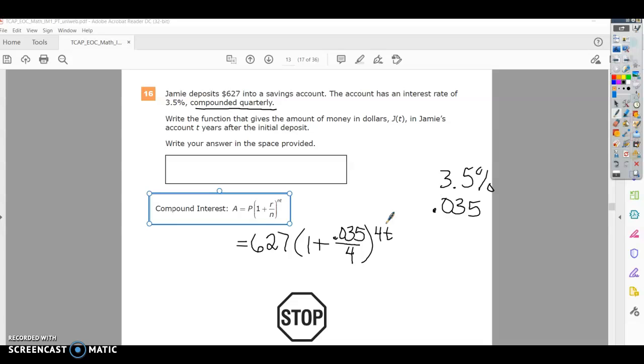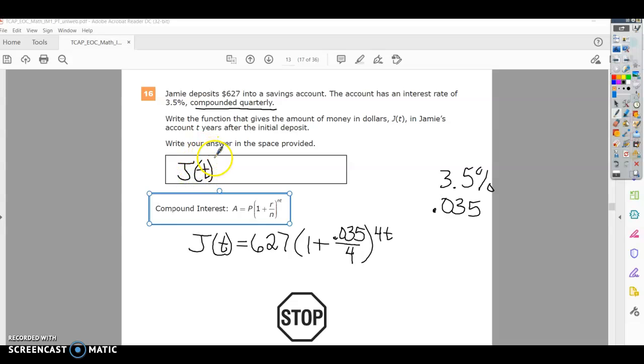So it says write a function that gives the amount of money in dollars, J of t. So they want us to call our function J of t, in Jamie's account t years after the initial deposit. All right, so we have crafted our equation based on the formula and the information given. So now I feel good about putting my equation here.